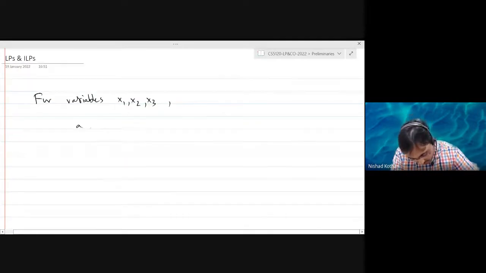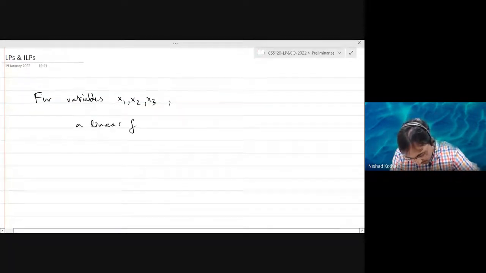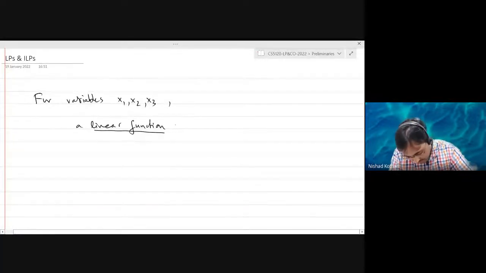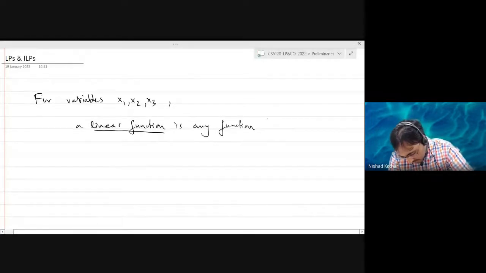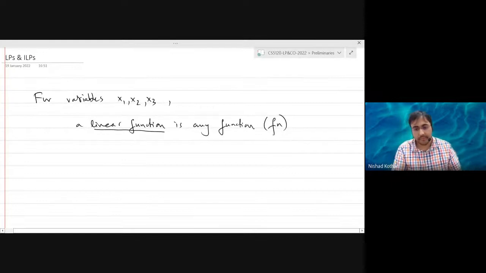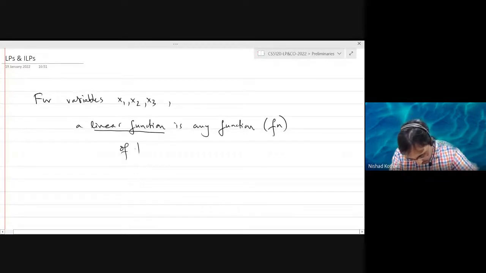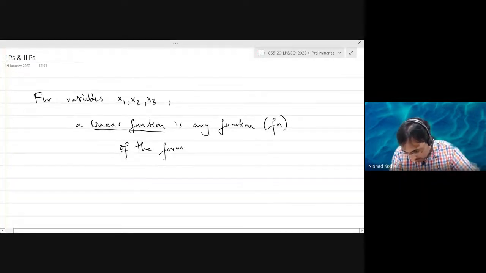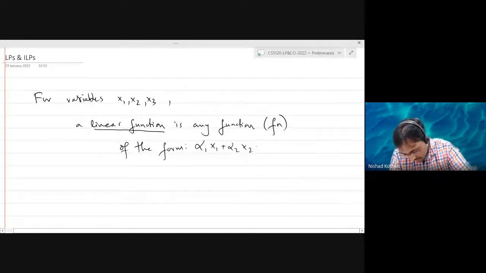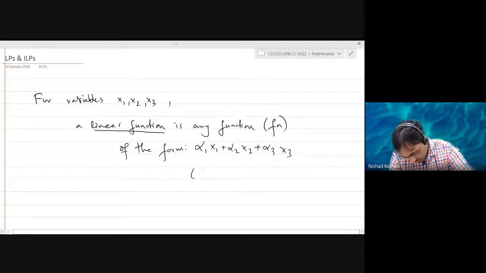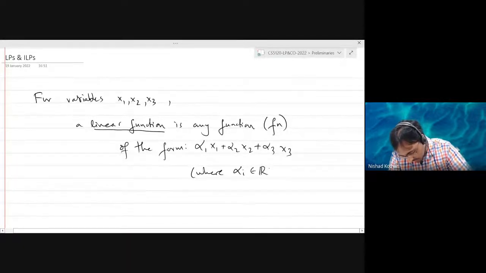So a linear function, as most of you would probably know, is any function of the form alpha 1 x1 plus alpha 2 x2 plus alpha 3 x3, where the alphas are real numbers.